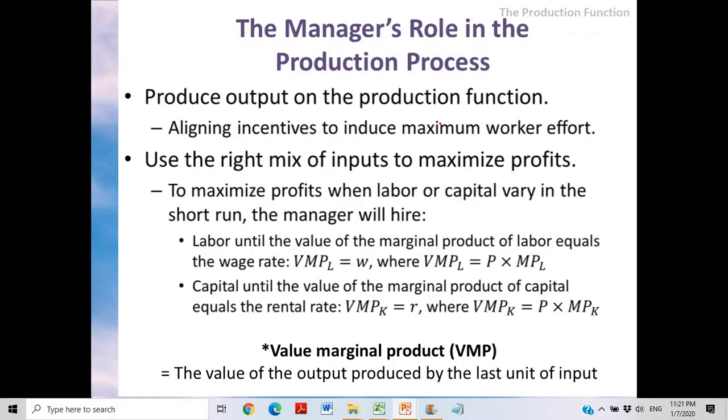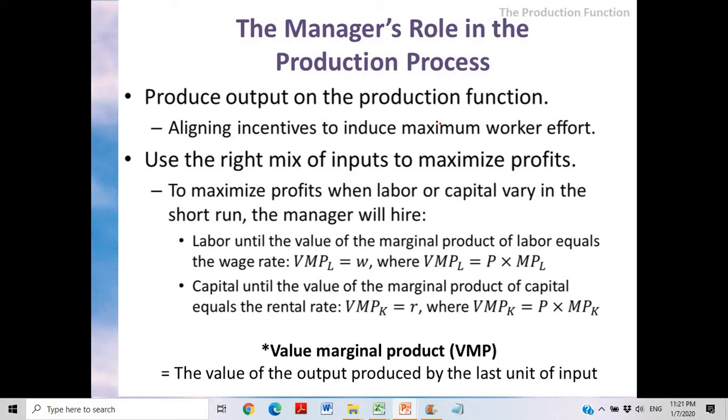So that is the illustration of the production function using mathematical equation, graph, and also table. I always mention that you should be able to understand using all three approaches: the table, the graph, and also the equation.